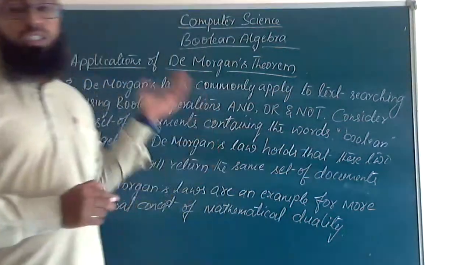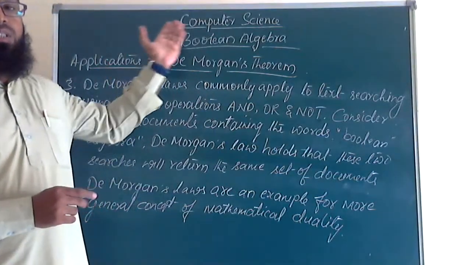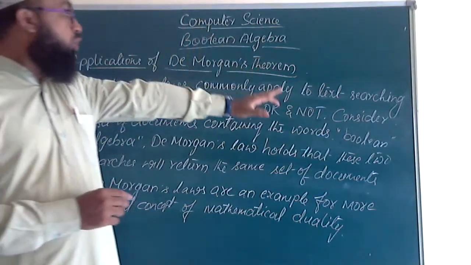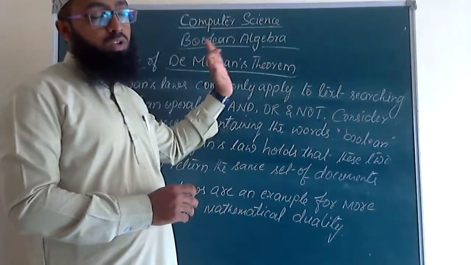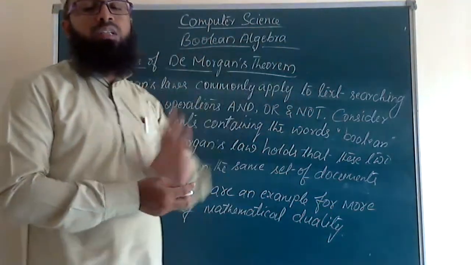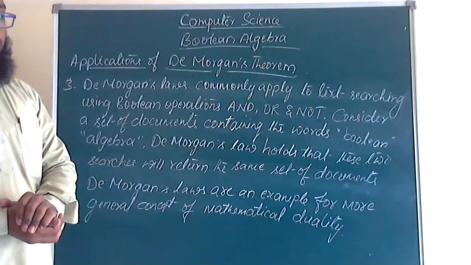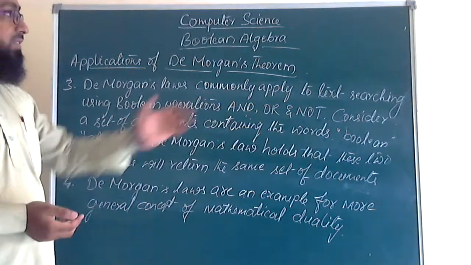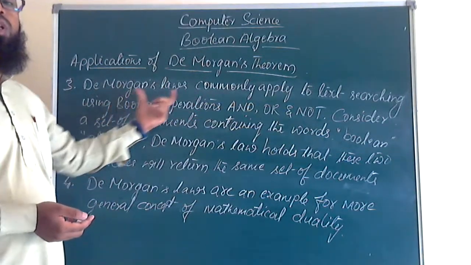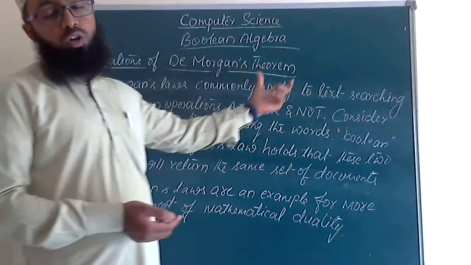And the third point is that De Morgan's laws are commonly applied to text searching with the help of Boolean operations like AND, OR, and NOT.